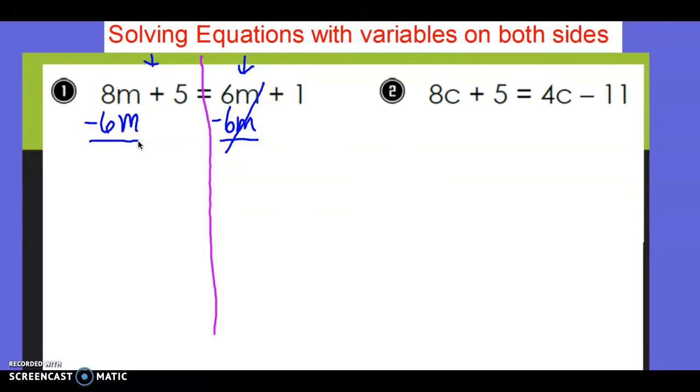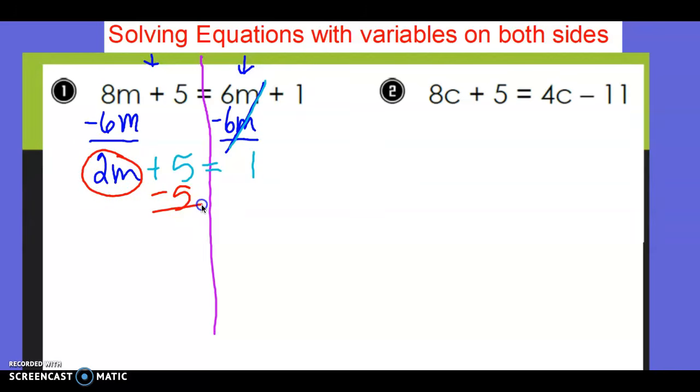So I have 8m minus 6m would give me 2m. And then I'm just going to bring down the rest of the equation that I see. So I have a plus 5, an equal sign. Remember, these canceled, and then I have 1. Now, if you notice, I'm back to a normal two-step equation. I have the m's on the left, and I want to try to get this 2m all alone.